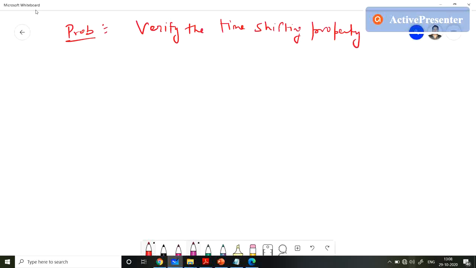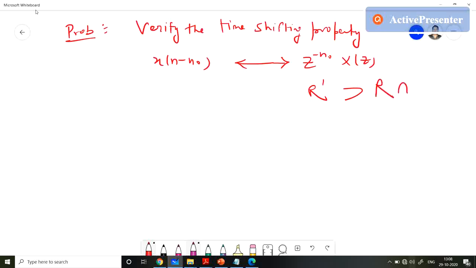Verify the time shifting property, that is x[n minus n0] has z-transform z raised to the power minus n0 into X(z), and ROC R' equals R intersection 0 less than modulus of z less than infinity. So let us solve this problem.